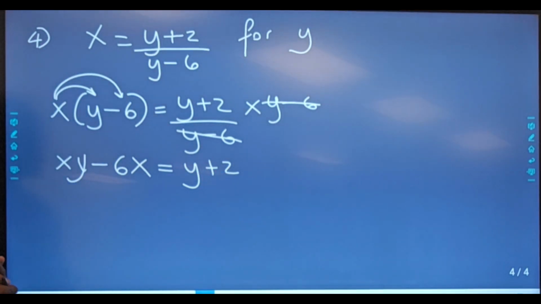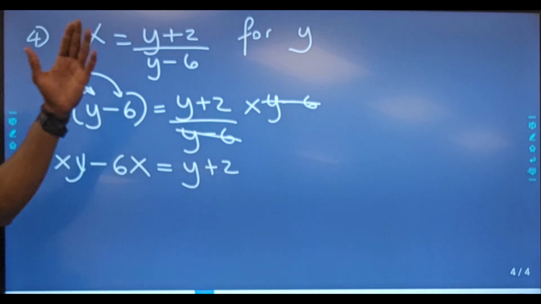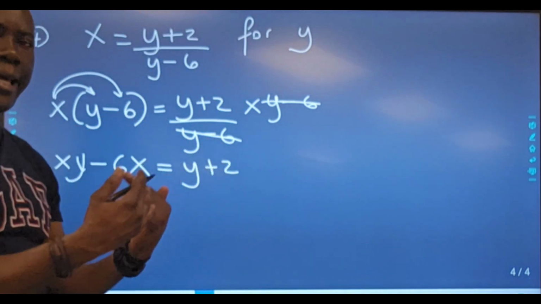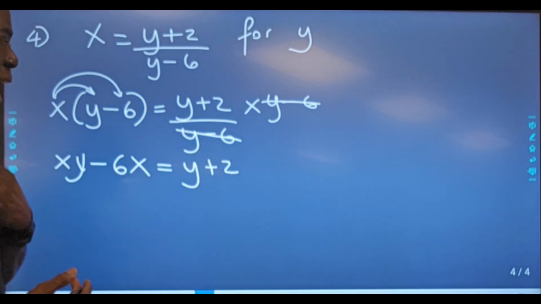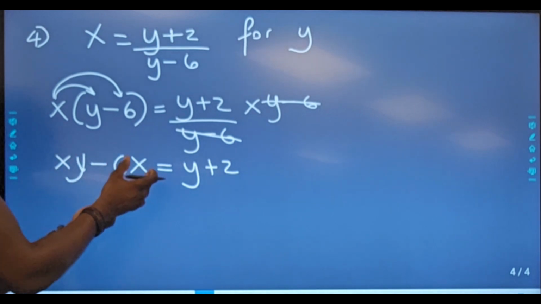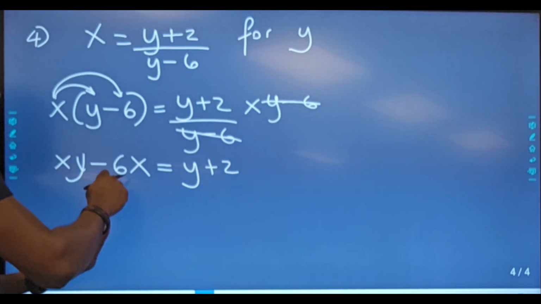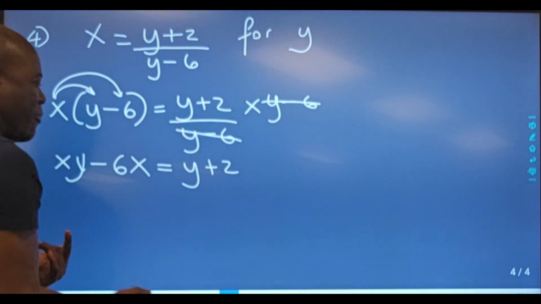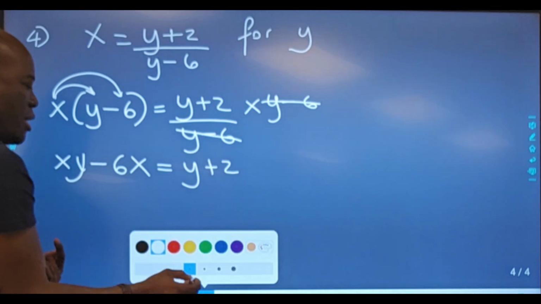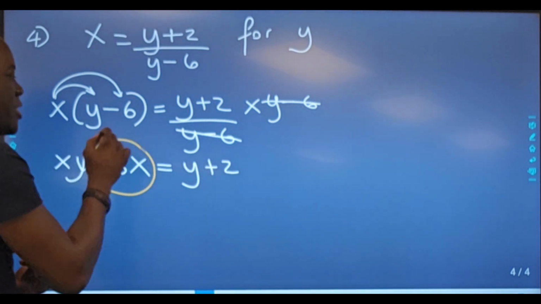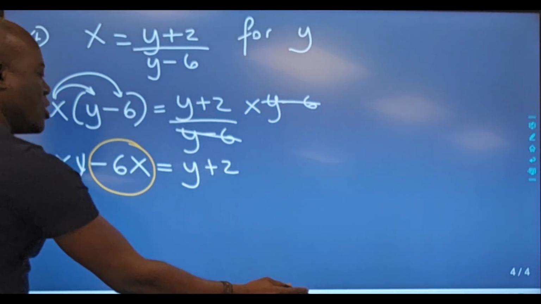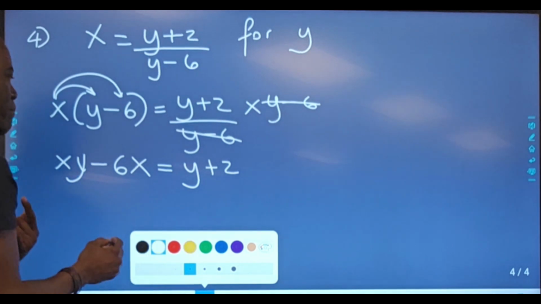Now the intention is to make y the subject. So I have to collect my y's on one side, and I prefer at this time to collect the y's on the left side. So it simply means that I will have to get rid of this though. I can't keep this here. I need this on the other side. So let us just deal with that.